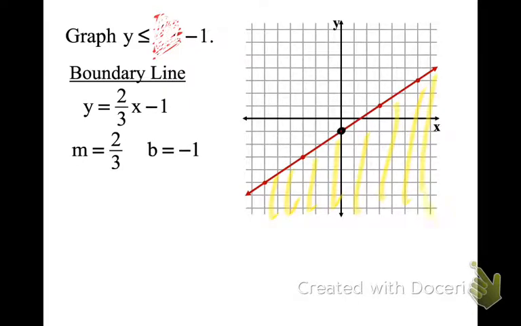Wait, but wouldn't you shade above the -1? The boundary line in my little method is, find your y-intercept. It's right here. Numbers that are less than -1 are here: -2, -3, -4.